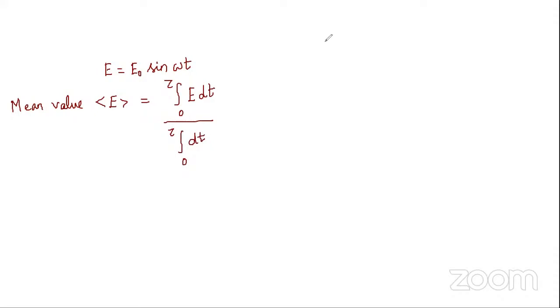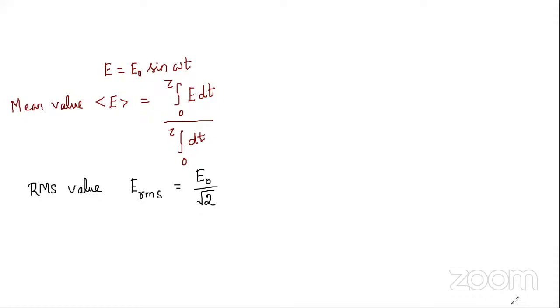Now I will be writing the expression for RMS value. So the root mean square value, or RMS value, can be written as E RMS, which is equal to E naught divided by square root of 2.